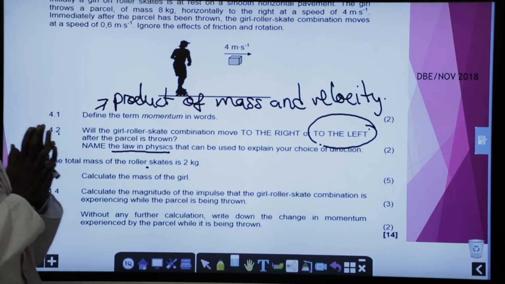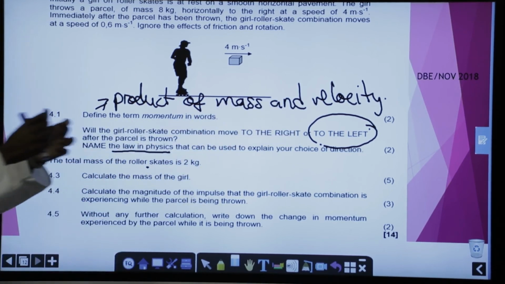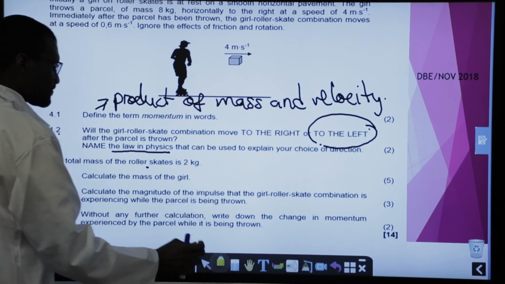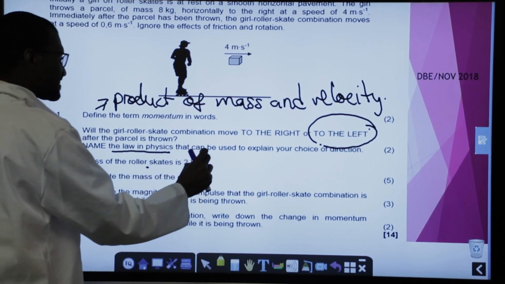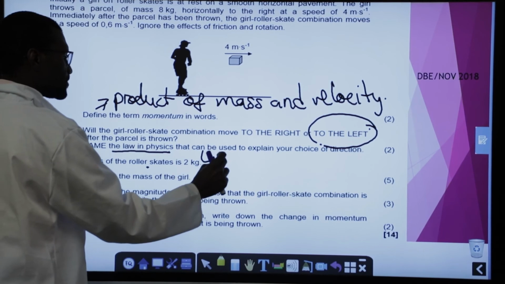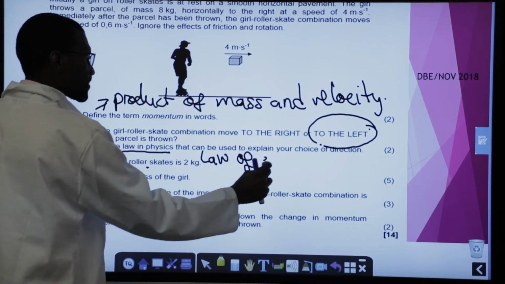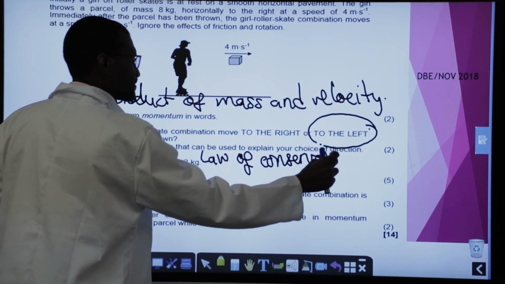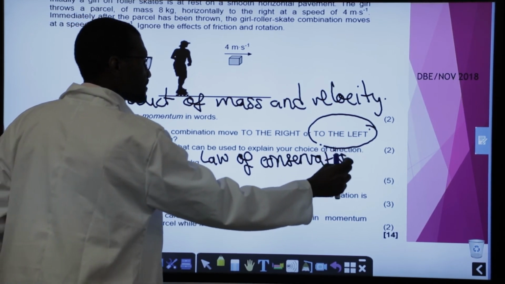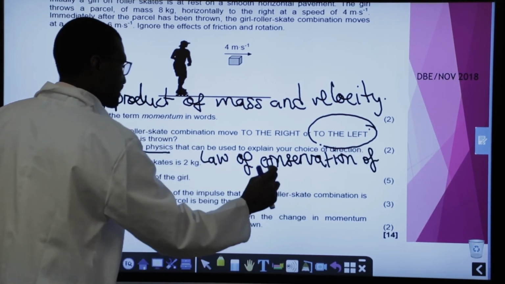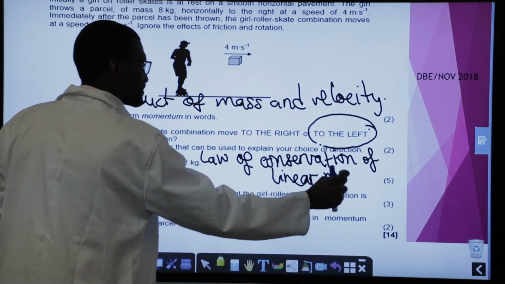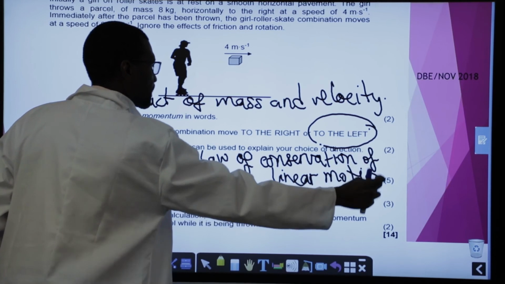But now that she has thrown it and she's moving off in the other direction, we can safely say that this is the law of conservation of linear motion. Perfect.